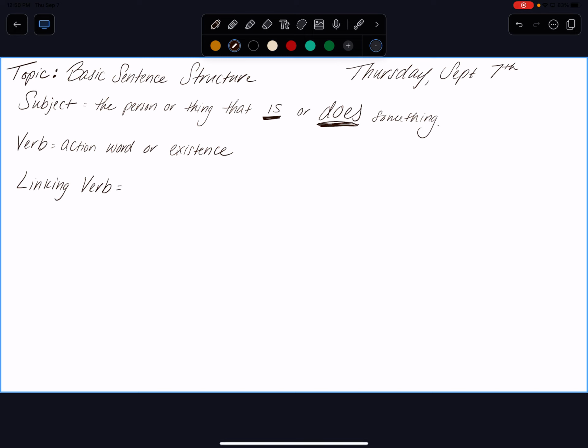The linking verb is just the verb to be, pretty much. And last but not least, there's another term that you should know exists, but I'm not going to be too stingy about it.